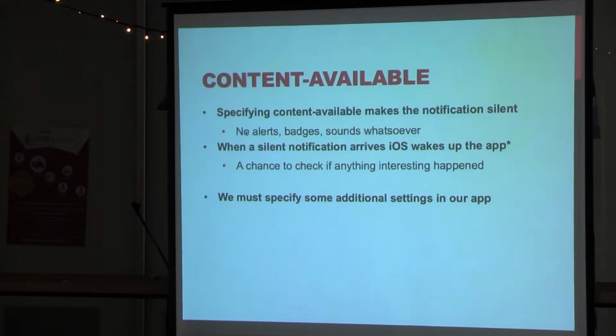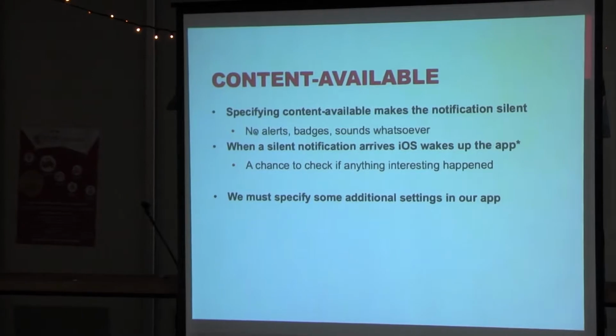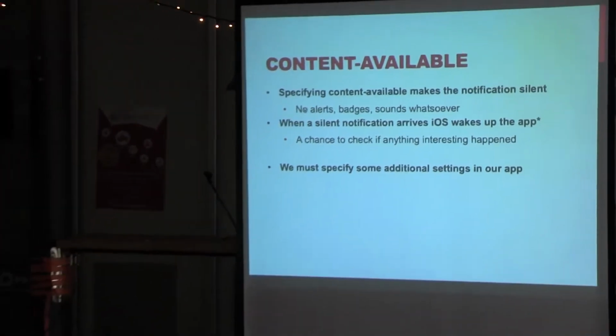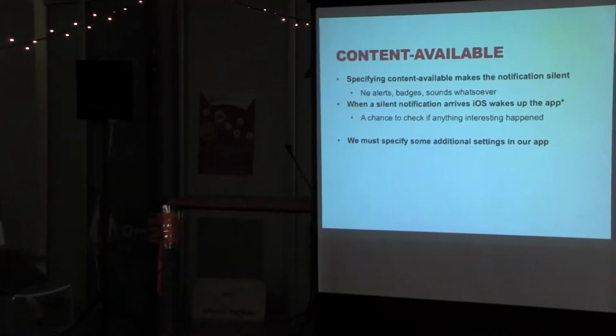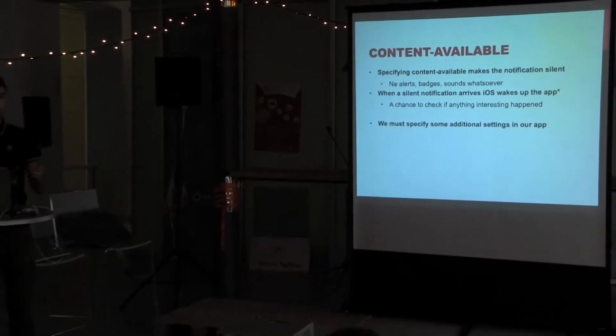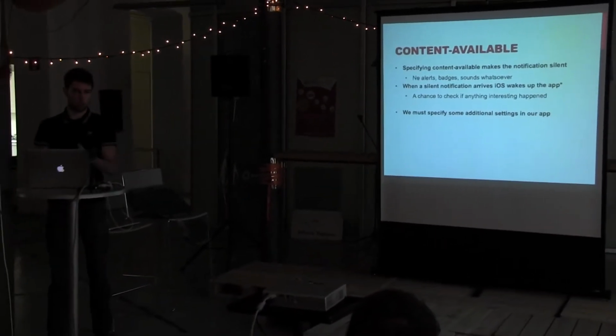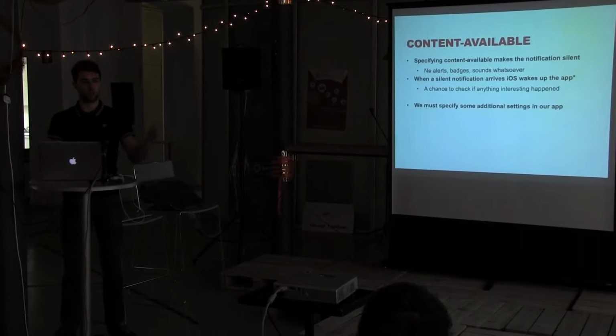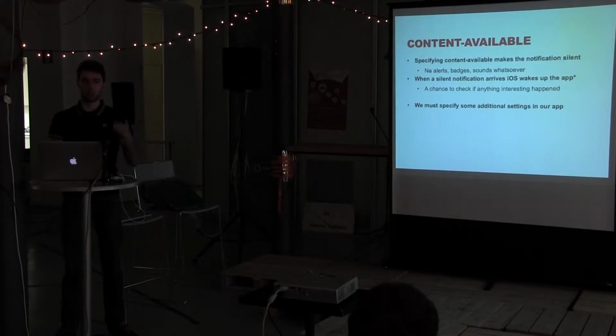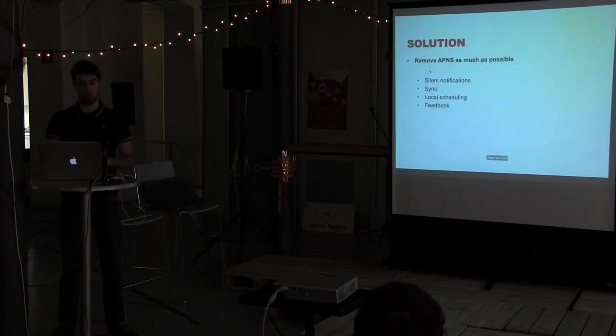So progressively thinking, this is the time that we could actually ask our server, do we have any data we need to display to the user, and the server will respond, and if there is any, we can schedule a local push notification, right? So we will have a confirmation that we actually successfully scheduled a local notification. But in order to do that, we must specify some additional settings in our application, but that isn't a problem.